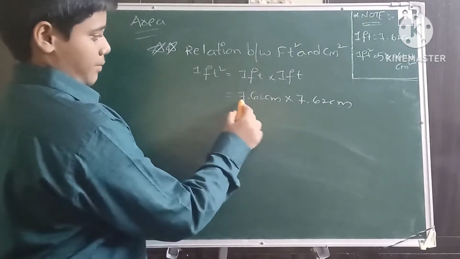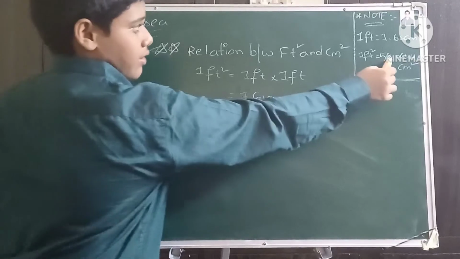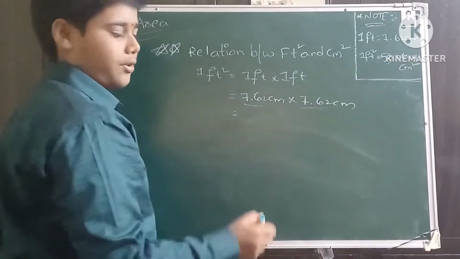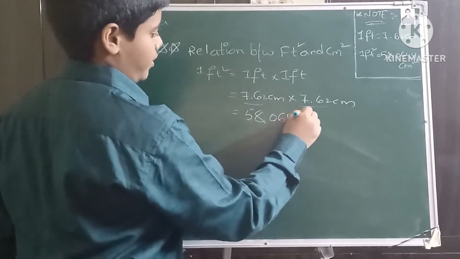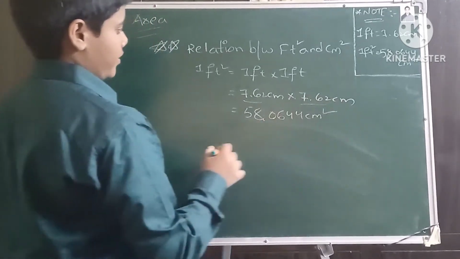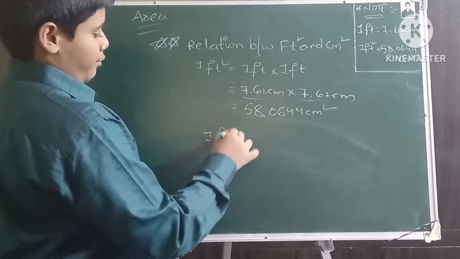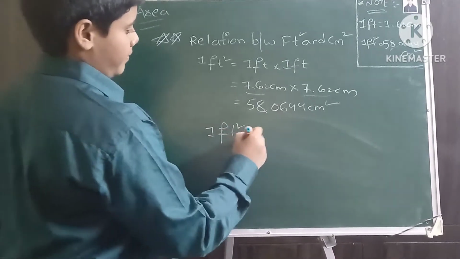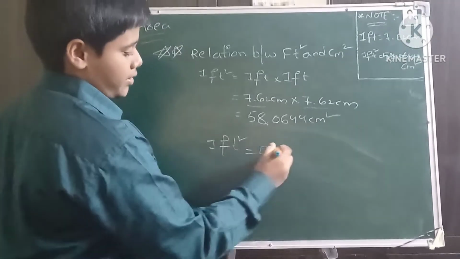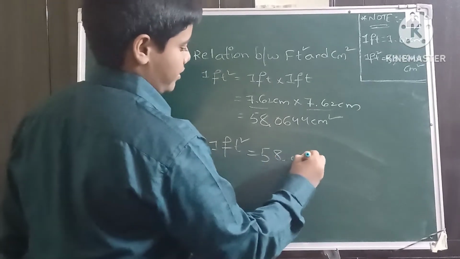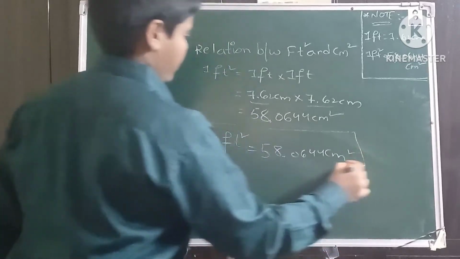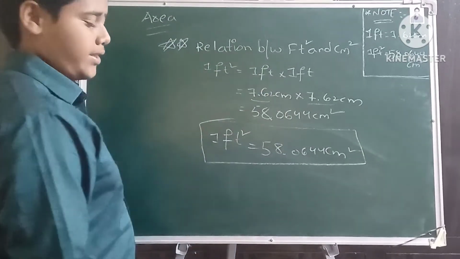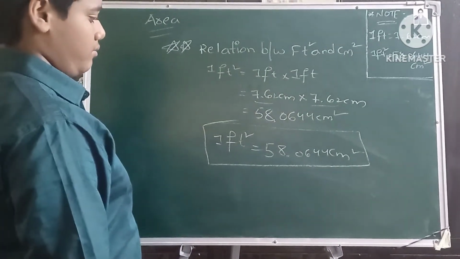Okay, 7.62 into 7.62, 58.0644 centimeter square. So the relation between foot square and centimeter square is 1 foot square is equal to 58.0644 centimeter square. This is the relation between foot square and centimeter square. Note down.